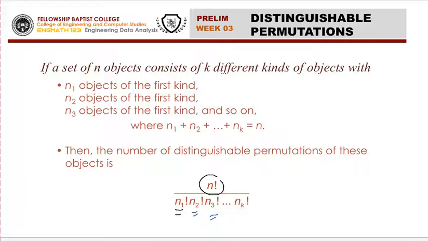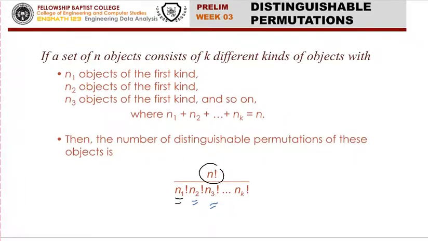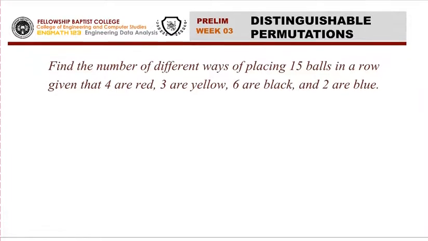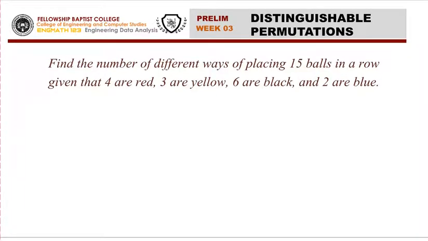So, we have, okay, example. Find the number of different ways of placing 15 balls in a row, given that 4 are red, 3 are yellow, 6 are black, and 2 are blue. So we want here to find the number of distinguishable permutations of these balls.